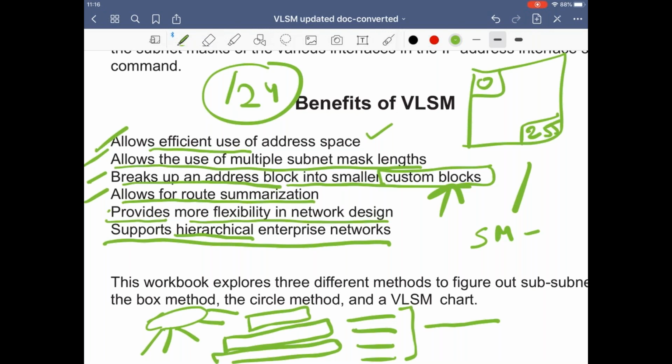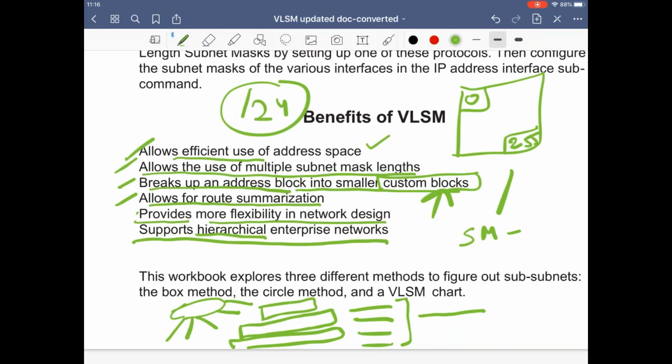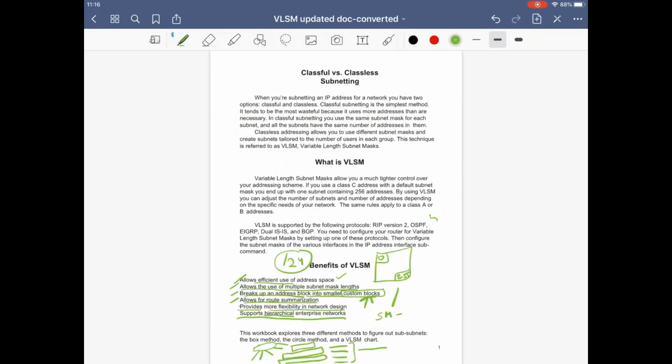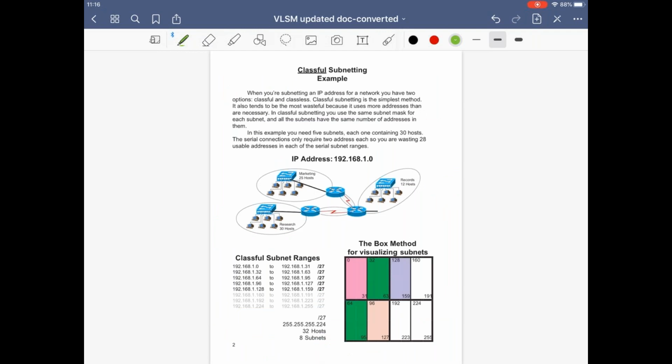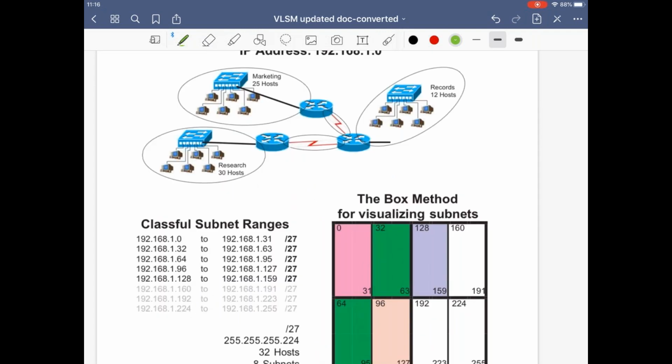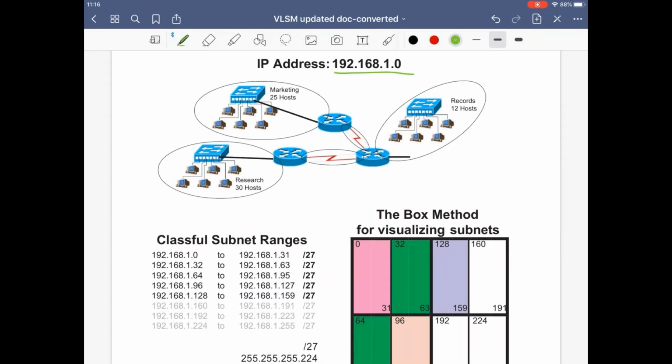Next one, classful subnetting. We have done this. For example, this is the given IP address, and we need 30 hosts for the research department, 25 hosts for the marketing department, and for the records department we need 12 hosts. So the total number of hosts we need is 30, 25 and 12, which is 67.